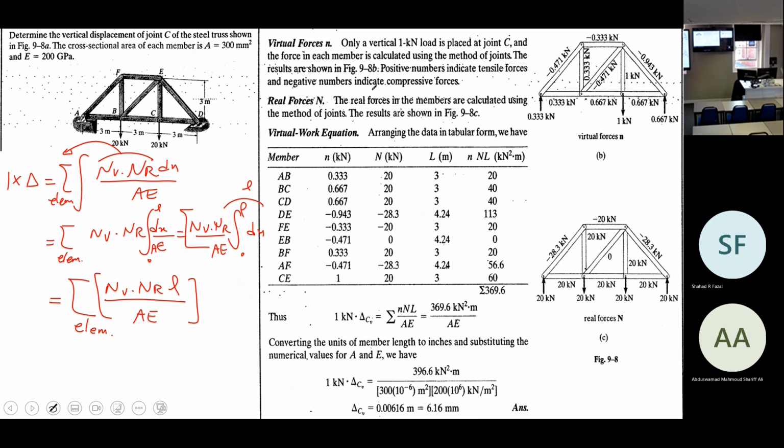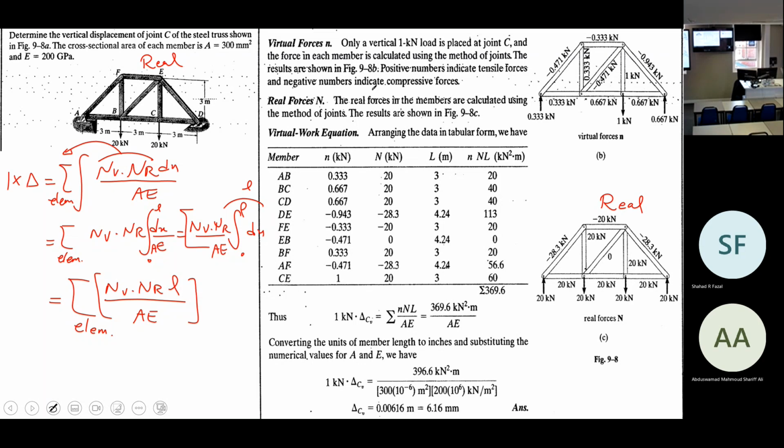The cross-section area is 300 square millimeters and the modulus of elasticity is 200 gigapascals. The real structure is exactly what you have in the definition of your example. The structure is determinate, with two supports, a pin and a roller. This is the real structure.